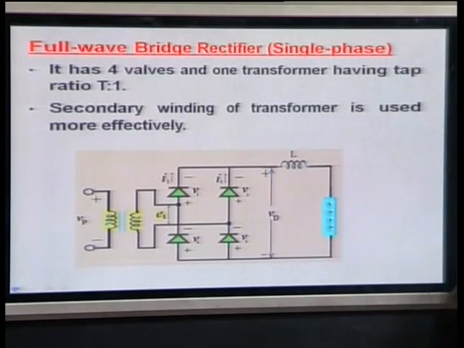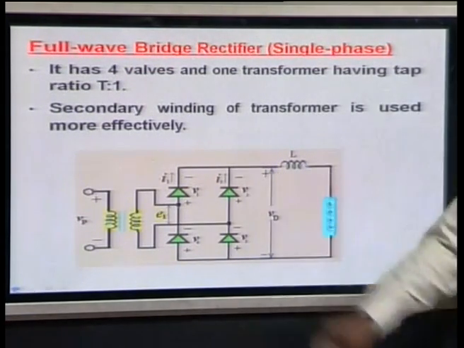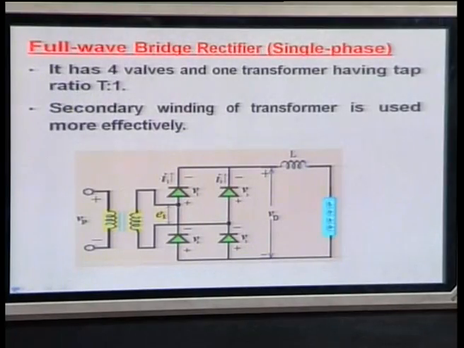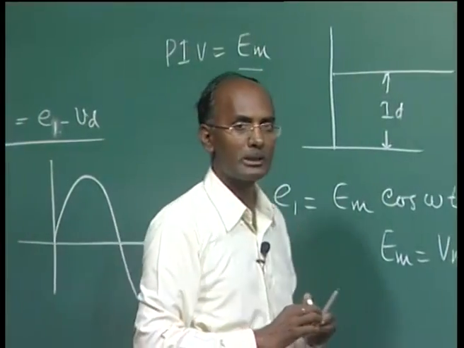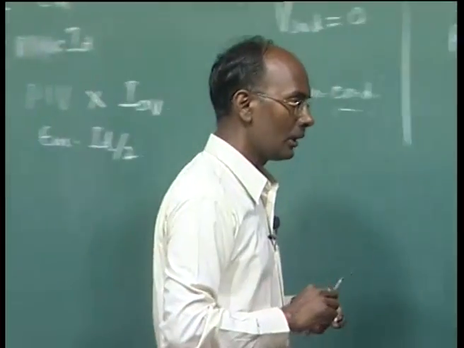This voltage is nothing but simply Em, my peak inverse voltage. So, compared to the previous circuit, the peak inverse voltage in this case is reduced by half, but the number of valves is increased by twice.